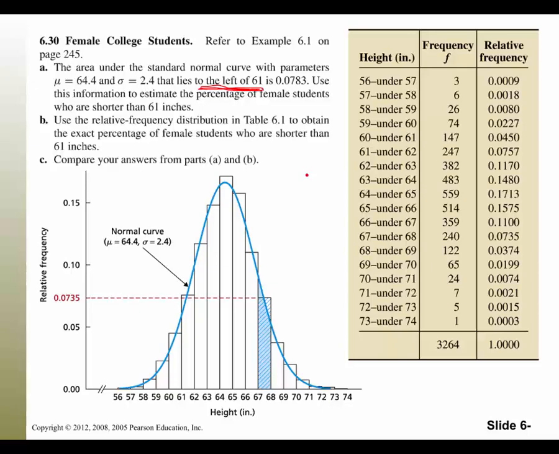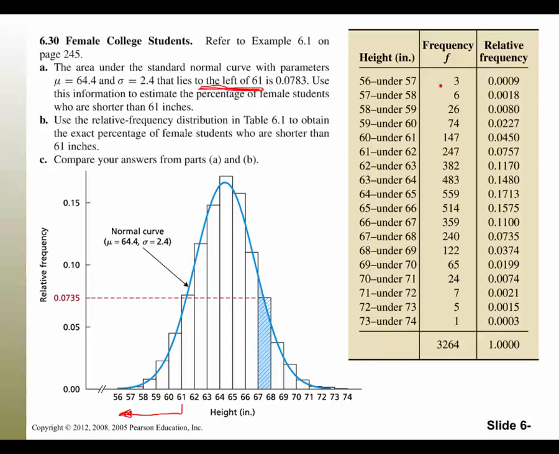Shorter than 61 inches, right? To the left, so on our scale, our variable is height. So on the left on the scale would be shorter than 61 inches. So that's what we mean by to the left. The left is values of the variable less than. To the right is values of the variable greater than, okay?